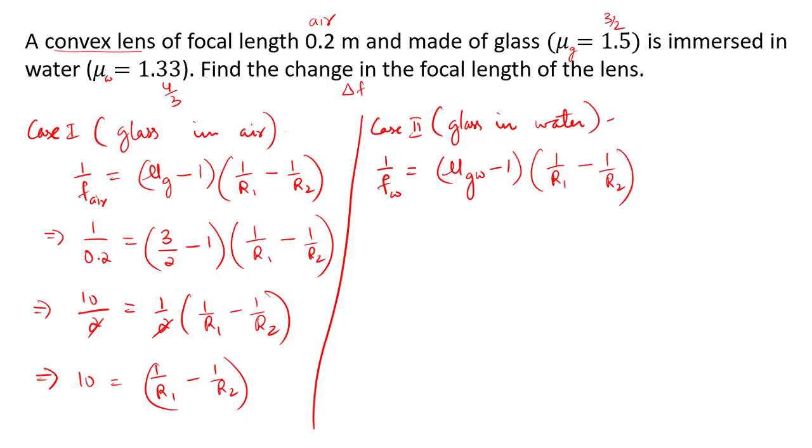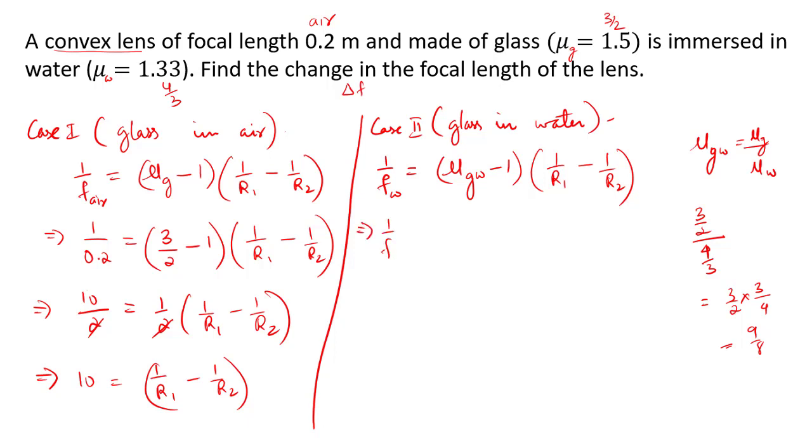What is mu glass water? Mu of glass with respect to water is mu of glass divided by mu of water. So mu of glass is 3 by 2 divided by mu of water, 4 by 3. It is equal to 3 by 2 into 3 by 4. Then we have 9 by 8.